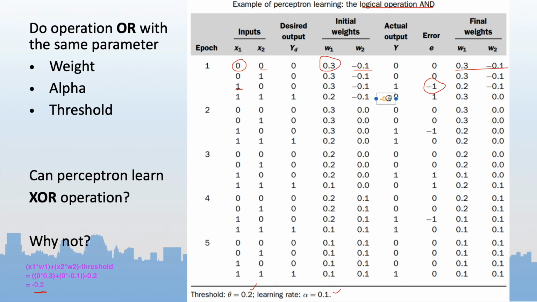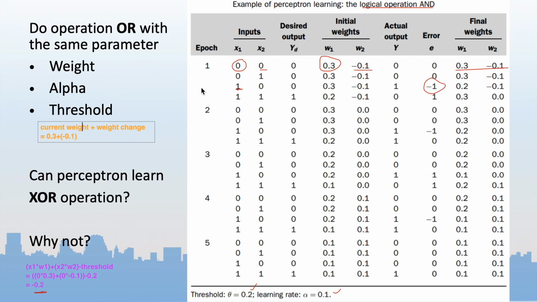The current weight is 0.3, so the new weight equals the current weight plus the weight change, which is 0.3 plus negative 0.1.